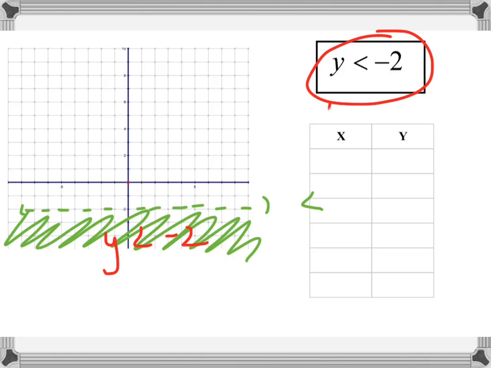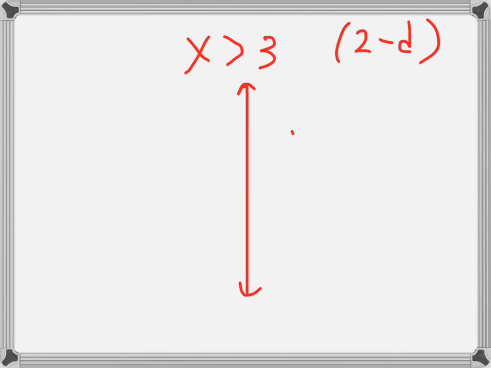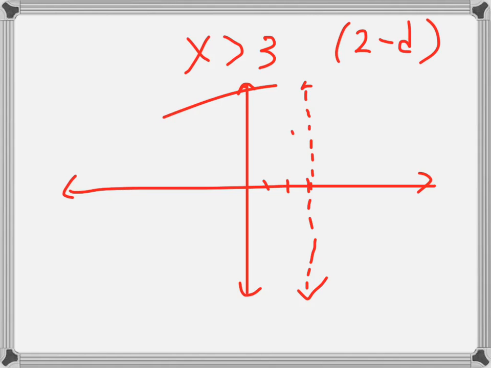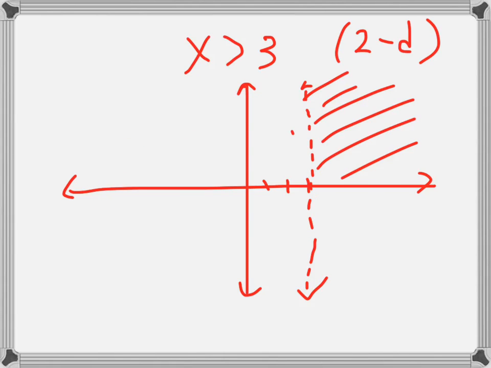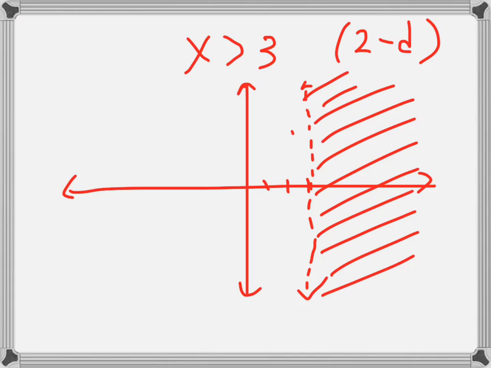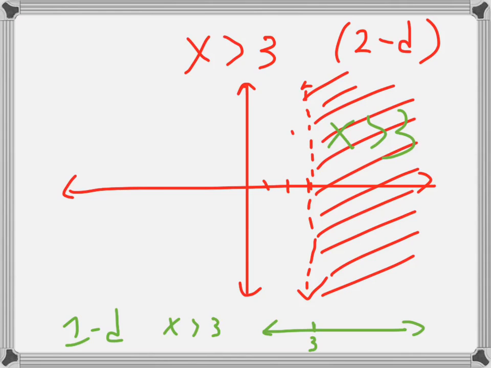You could also have one that looks like, let's say, x is greater than 3. In a two-dimensional system it would look like a vertical line, and shading to the right, as opposed to in a one-dimensional system, where you'd have an open circle at 3 and shade to the right.